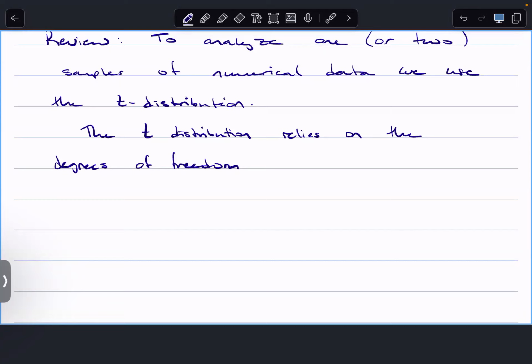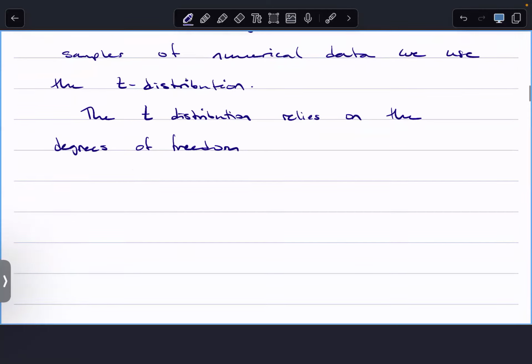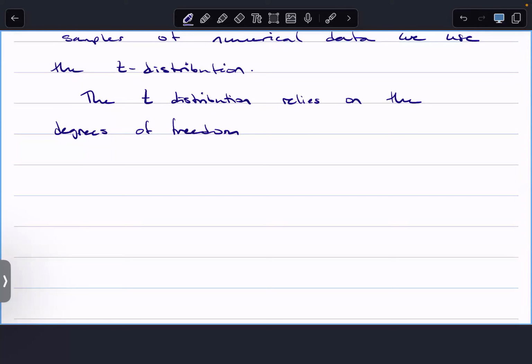For us, we just need to know, how do I calculate it, right? We don't need to worry about what they are. If you want to know what they are, you can take a couple of years of stats and then you'll find out eventually. Maybe even then, it took me a long time for it to click. As long as you know how to calculate it, you're fine. Okay. Sample size minus 1.